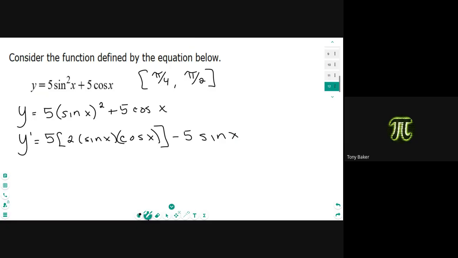So you get 2 sine x, and the derivative of sine x is cosine x, minus 5 sine x. So next, set it equal to 0.